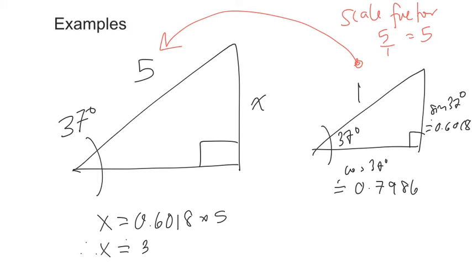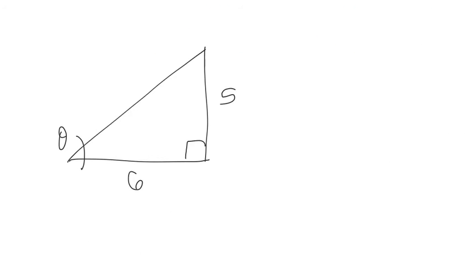Okay? So that's how you can make use of a reference triangle to find a missing side length. In this case, that side length. Here's one more example. I have another right angle triangle, and I happen to know what the opposite side length is and the adjacent side length, but I don't know what the angle is.